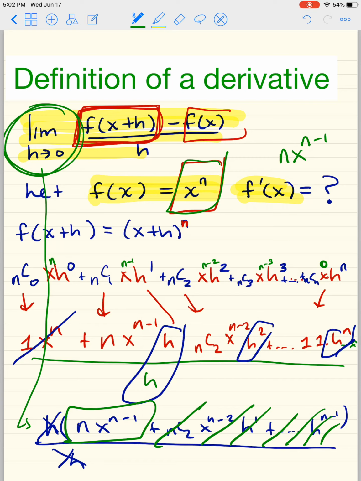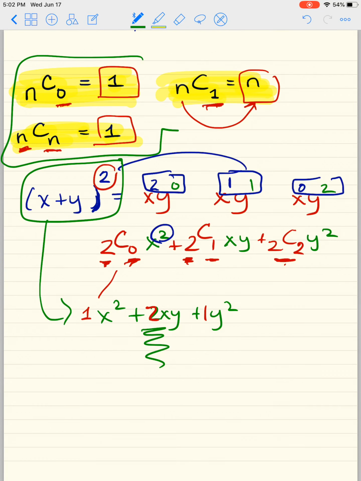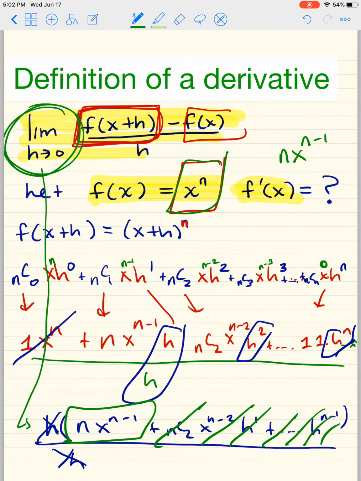And that's the proof. I wanted to show you the proof. I think the only part that you might really want to remind yourselves is how to expand. I hope you were taught how to expand and knowing these, but isn't that so cool? f of x equals x to the n, therefore the derivative is the power rule.